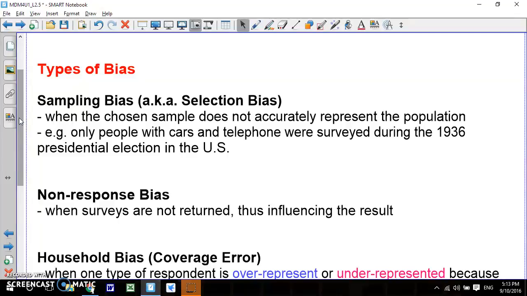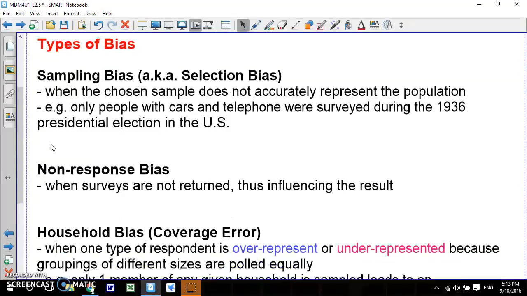So we're talking about the year 1936, and cars and telephones were considered a luxury back in the day. When only people with cars and telephones were surveyed, chances are you are asking the rich, the wealthy, and of course you will not be able to get the full picture of the voters' support for their candidate, just because you're not asking probably the working people in the working class. So that's an example of sampling bias.